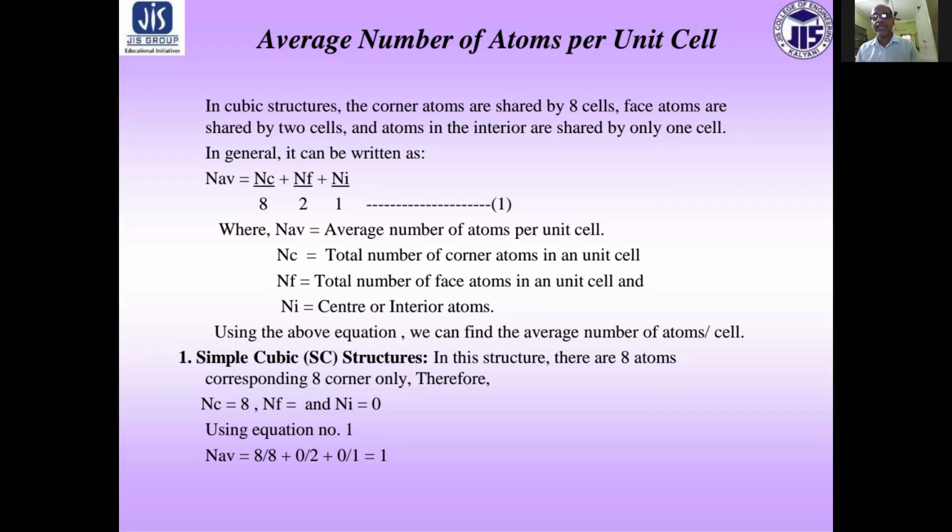Although there are 8 corner atoms, that is equivalent to a total of 1 atom per unit cell.